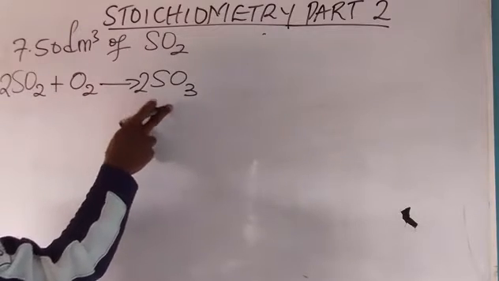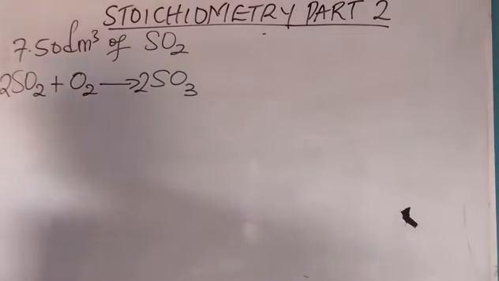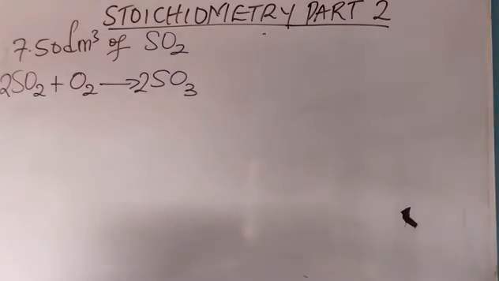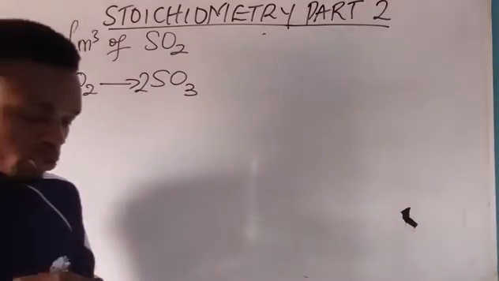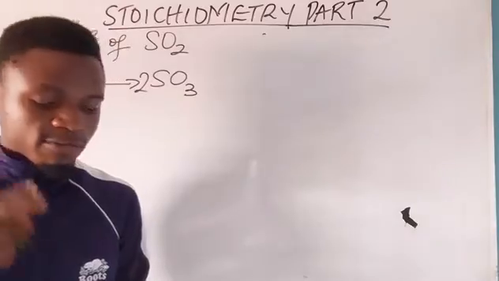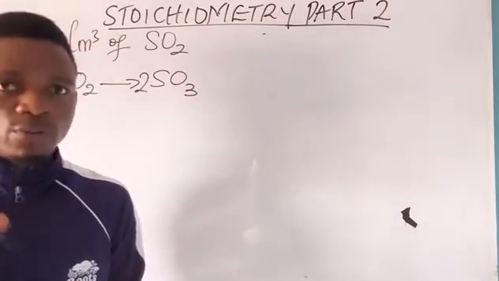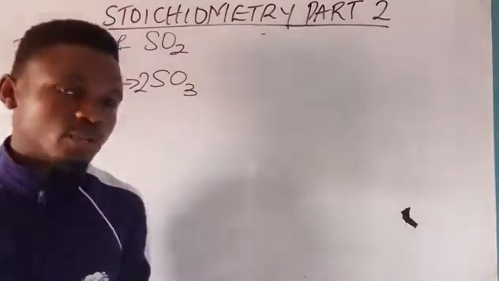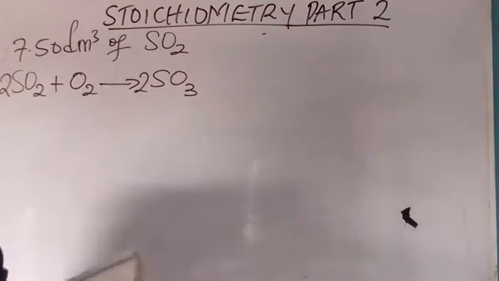So we have 6, so it is balanced. Calculate the number of oxygen molecules required to convert 7.50 dm cube of sulfur oxide measured at STP to SO3.